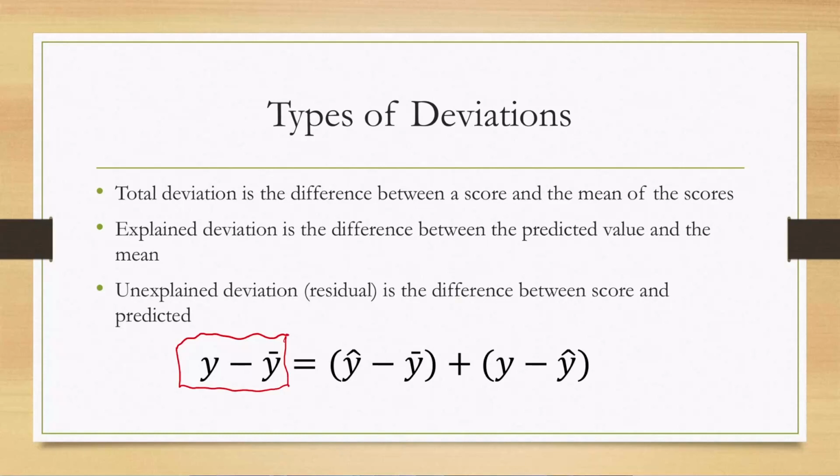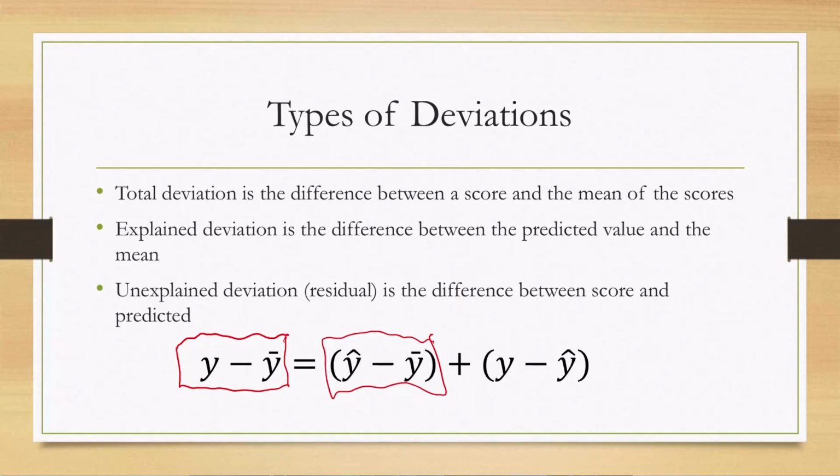Well, what we're hoping to do now is to explain some of that deviation from the mean, that is, explain some of that variation with our x variable. And so we can explain some of it, and the explained part, the explained deviation, is the difference between what we predict and the mean. So that portion, notice, instead of observed minus mean like the total deviation, it's predicted minus the mean.